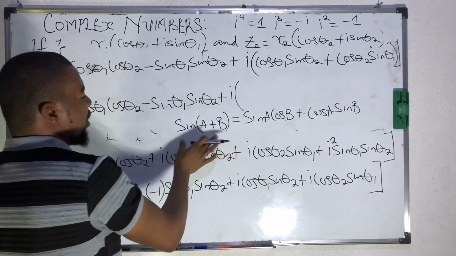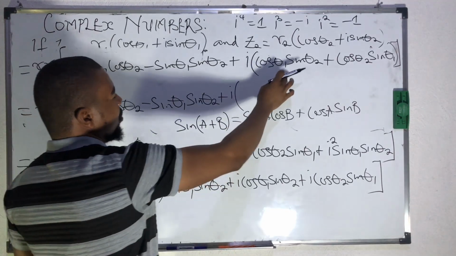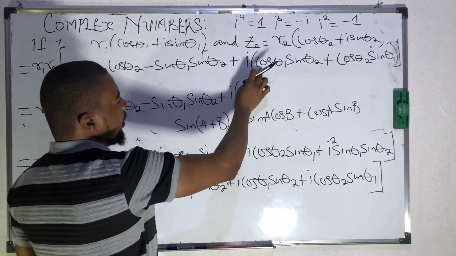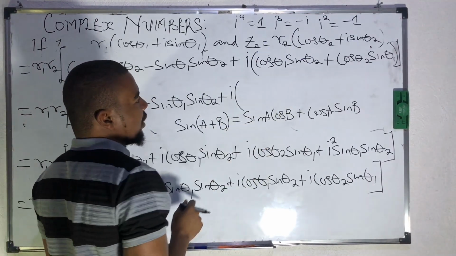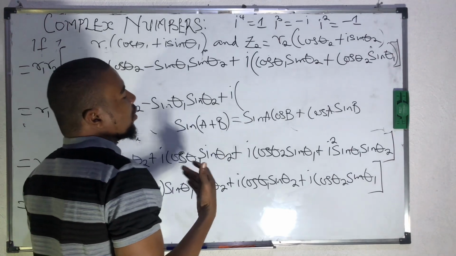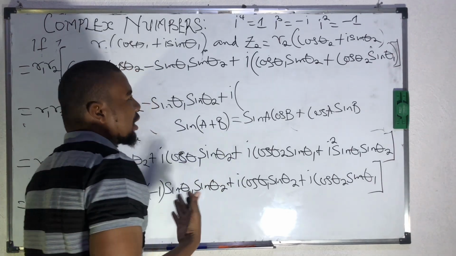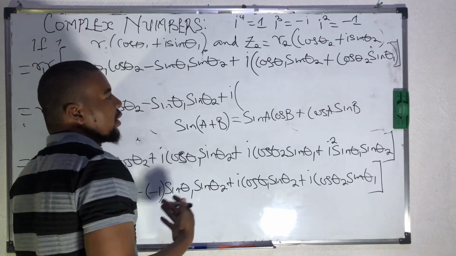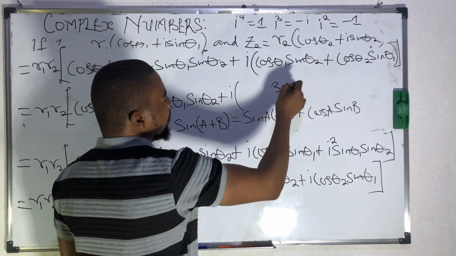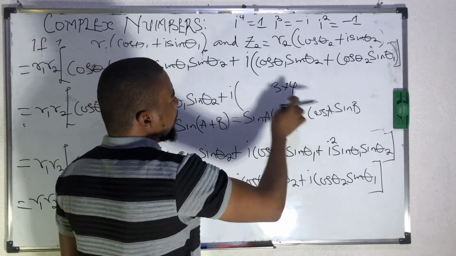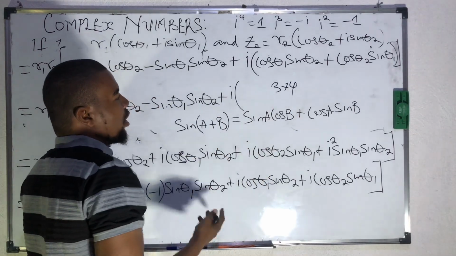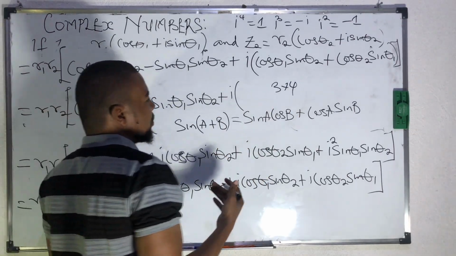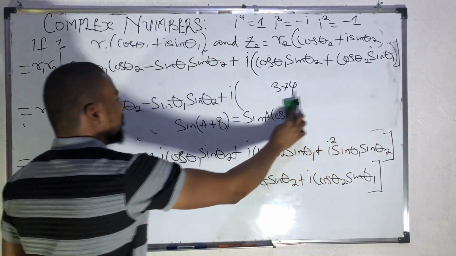This is where we're supposed to arrive at, and I'm trying to rewrite this expression. I'll bring the sine here, and the cos goes over to where the sine is. The reason why this is correct is because multiplication is commutative. It does not matter the order. If you have 3 times 4, you get 12. If you have 4 times 3, you also get 12. So in multiplication, the order does not matter.